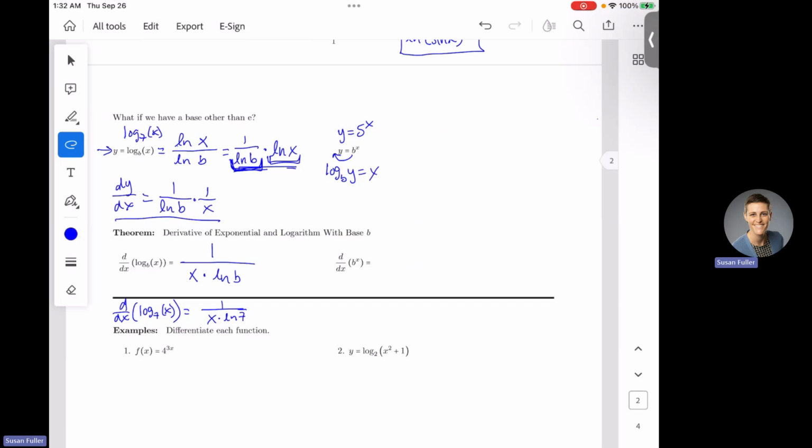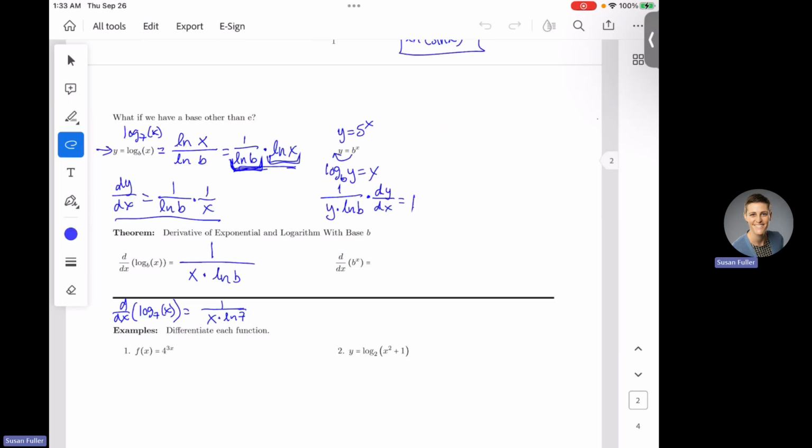Now I can take the derivative of both sides implicitly. What's the derivative of log base b of y? It's going to be 1 over y times the ln of b, using the formula we just got. And because we took the derivative of something with a y in it, we multiply by dy dx because it's implicit. On the other side, what's the derivative of x? Yep, it's 1.